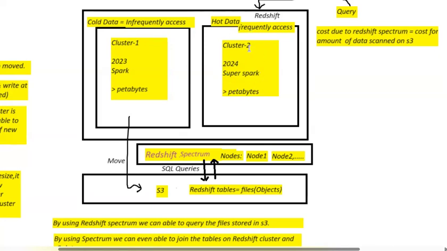Store this data in the Redshift cluster only. Whereas for infrequently accessed data or cold data, you choose to store the data under S3 so that you can minimize the cost and use the AWS resources efficiently.